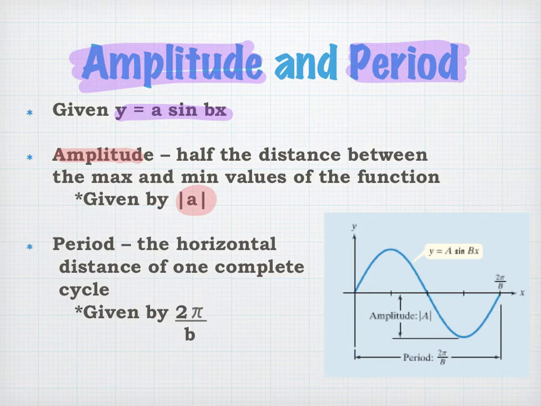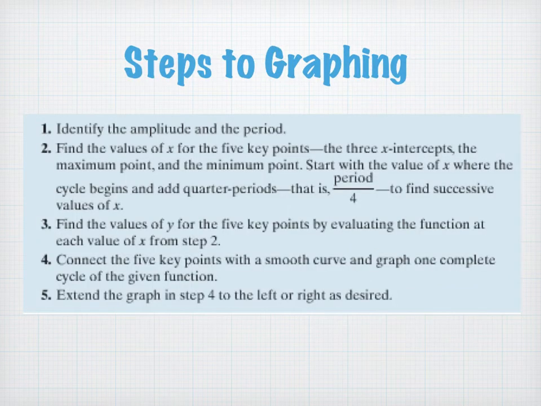We go up the amplitude, come back down, go down the amplitude again, and come back up. So the full height on my sine curve is twice the amplitude. I find the period by doing 2 pi over b. Again, that's how long it takes to complete one full curve, starting at 0, going up, down, down, up.